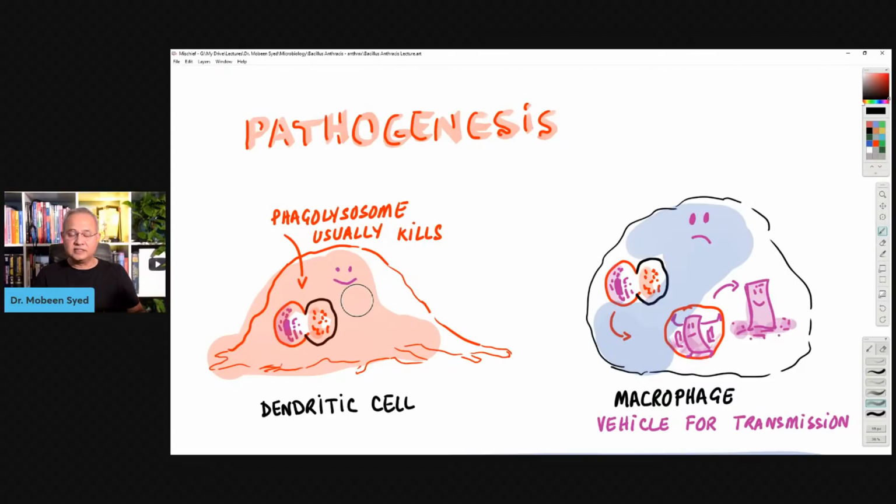And the second is when the macrophage phagocytoses it, it connects it with the lysosome, and then reduces the pH of the system, acidifies the environment, and tries to digest this pathogen. Inside the macrophage, Bacillus anthracis actually becomes active in the acidic environment. This is why it is so deadly.